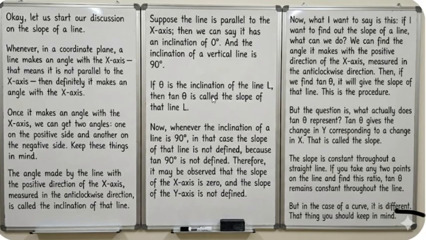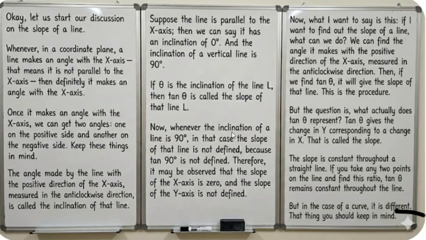Because tan theta is opposite divided by adjacent, the opposite is the change in the y direction and the adjacent is the change in the x direction. If you divide that ratio, you get the rate of change of the dependent variable per unit change in the independent variable.